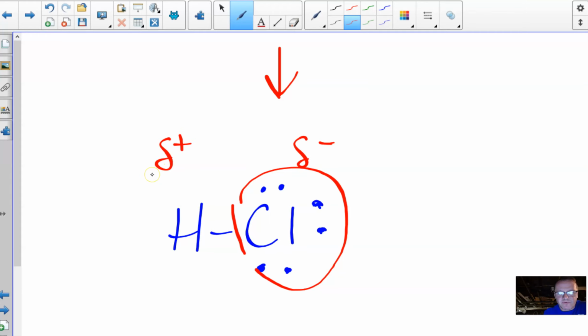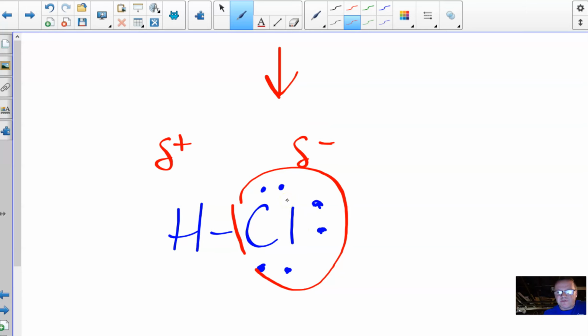These little symbols are lowercase delta symbols, by the way, and we use them to indicate partial charges. A lowercase delta with a plus means a partially positive charge on this side, and a lowercase delta with a minus is partially negative on that side.